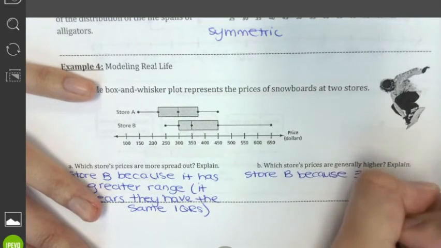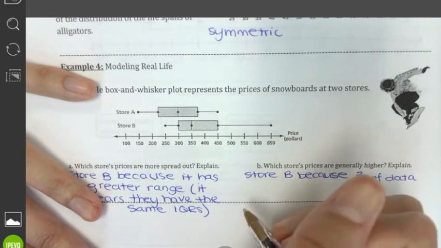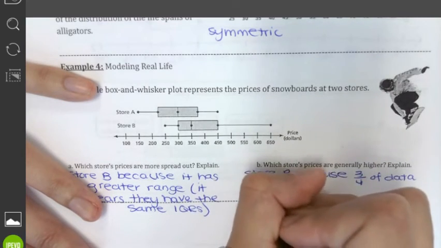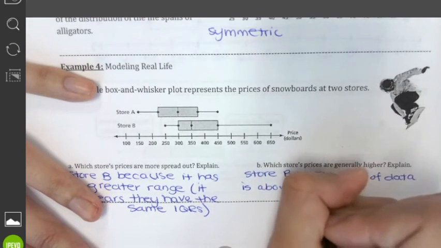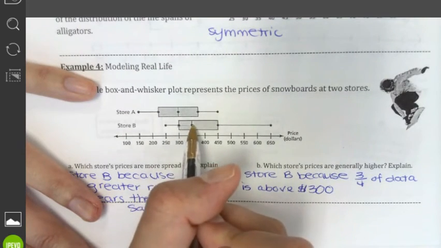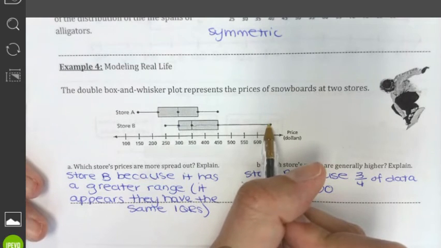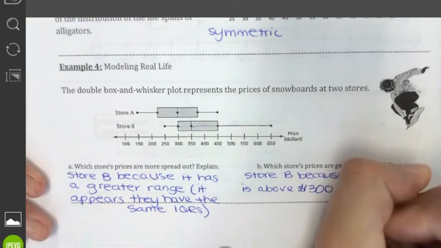because 3/4 of the data is above $300. So if we look at this, here's $300. This is 1/4, 1/4, and 1/4. That's 3/4 of the data that's above $300.